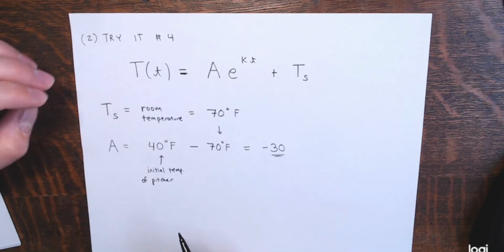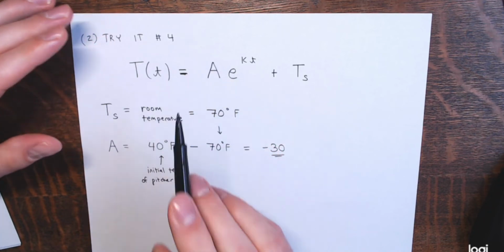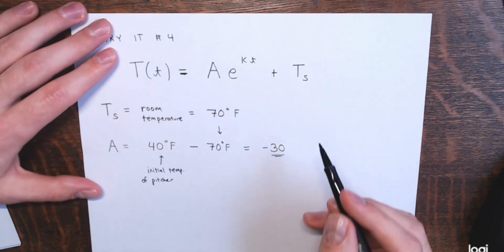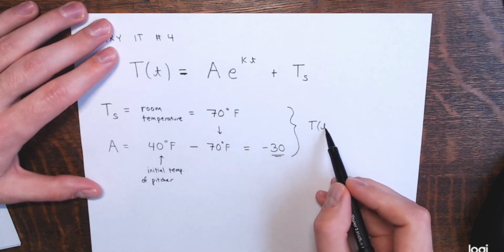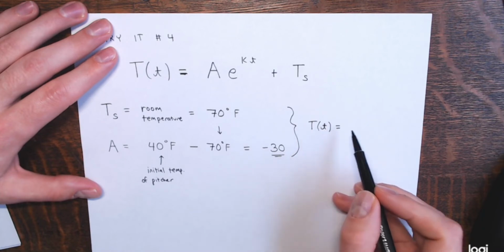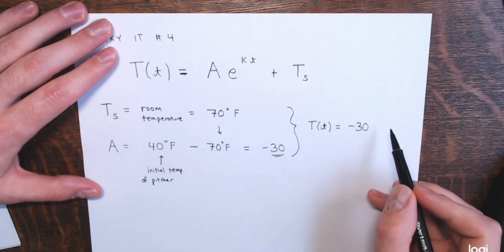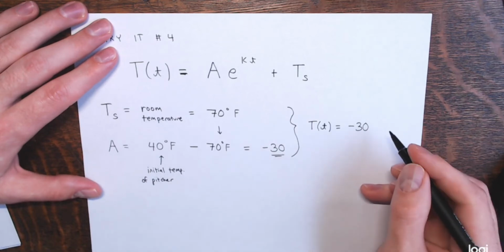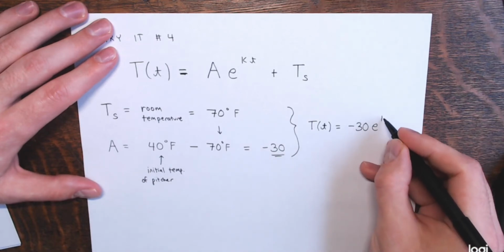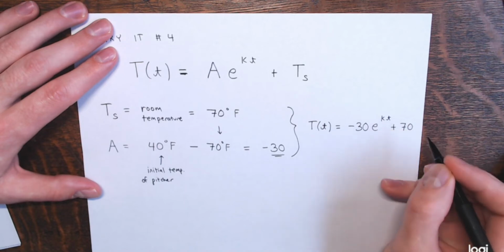And then that's it. And then we should be able to find k using some piece of information. So just using these two right now, we have the temperature of the pitcher at time t equals negative 30, the value of A, that initial difference between the temperature of the pitcher and the surroundings, times e to the kt plus 70, the temperature of the room.